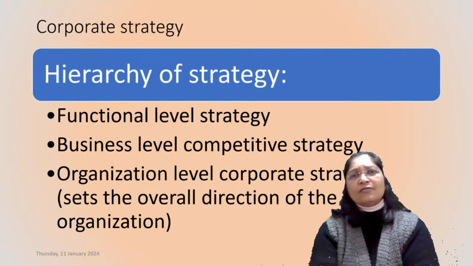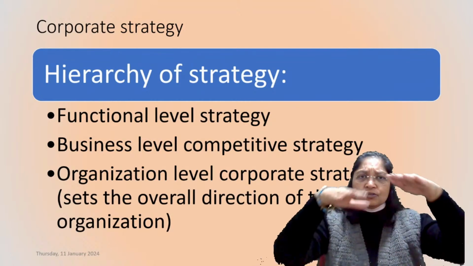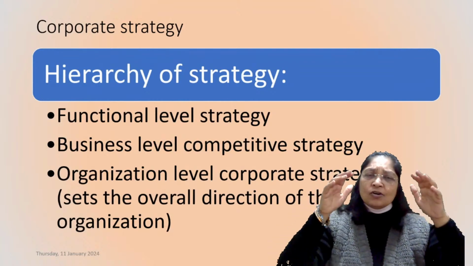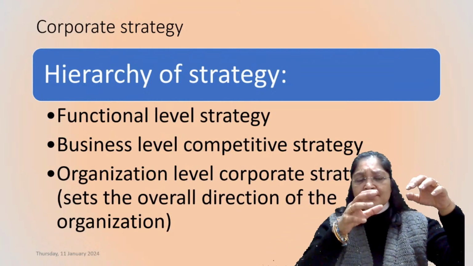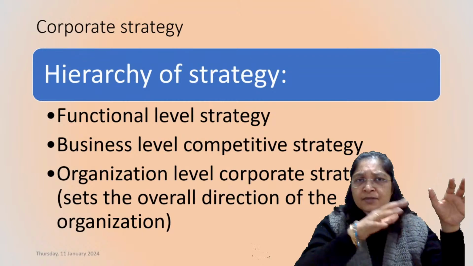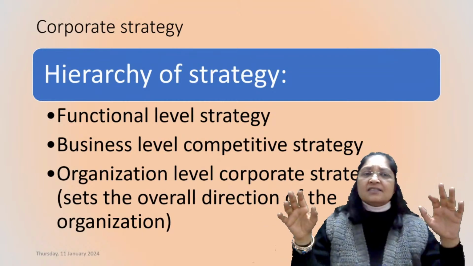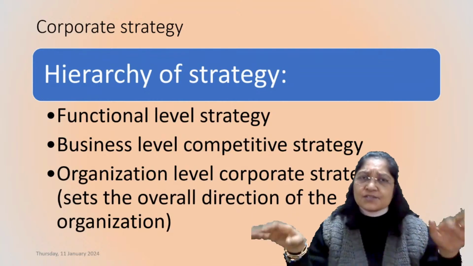There is a hierarchy of corporate strategy. We're talking of the top level. Let's say the corporate body has five business units, or is involved in multiple sectors, multiple industries.